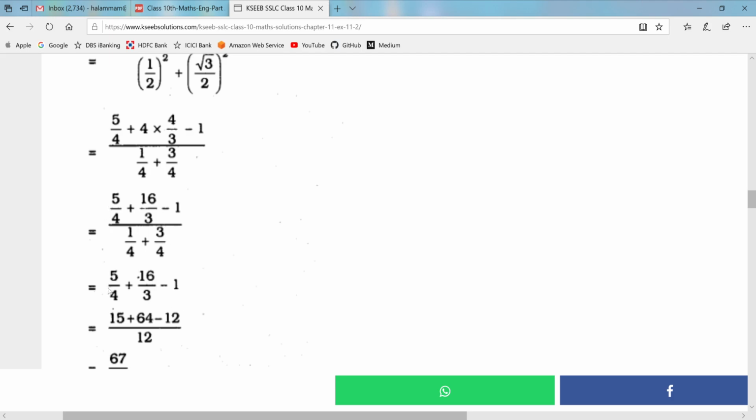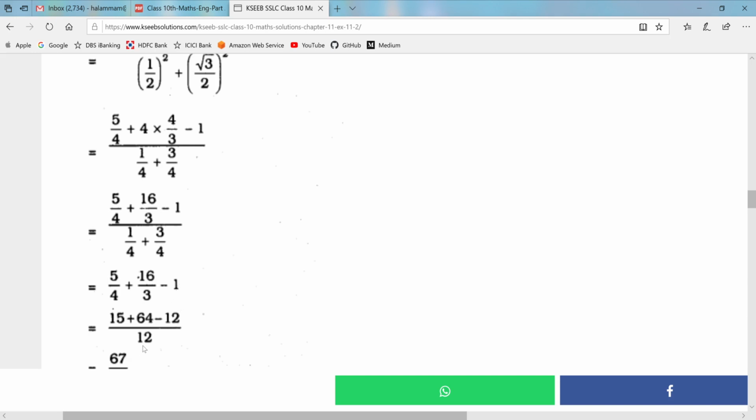Okay, 5 by 4 plus 16 by 3 minus 1 is the remaining value. Then we can simplify that using 4 into 3 is 12. So this is the LCM we have taken, and see, 5 into 3 is 15 and 16 into 4 is 64 minus 1 into 12 is 12.